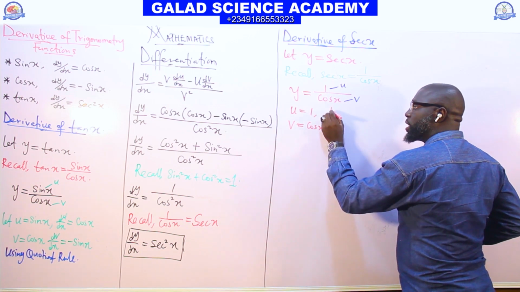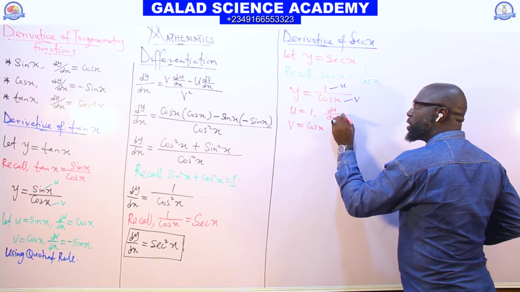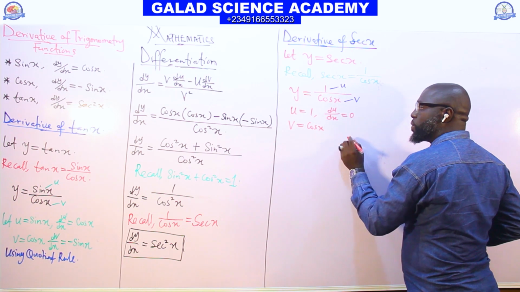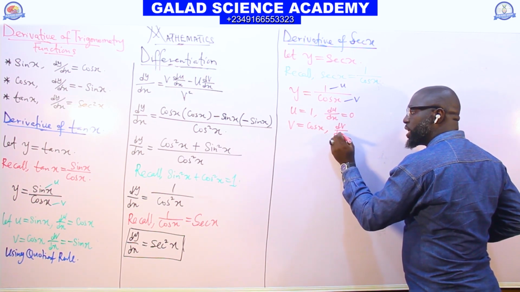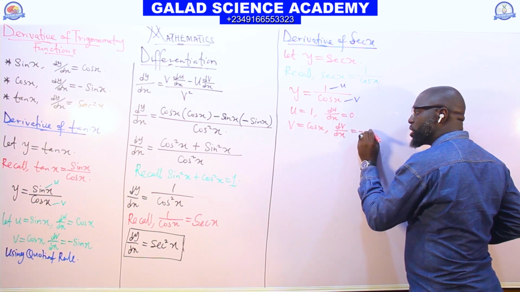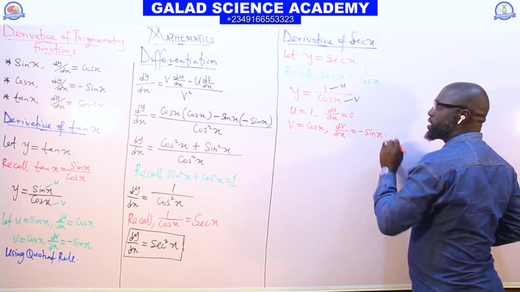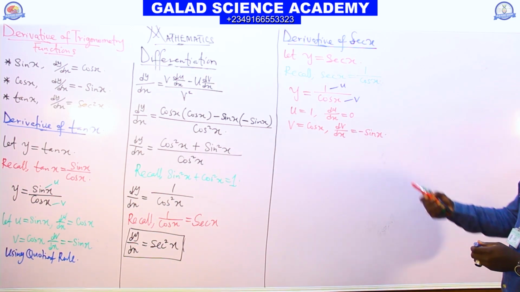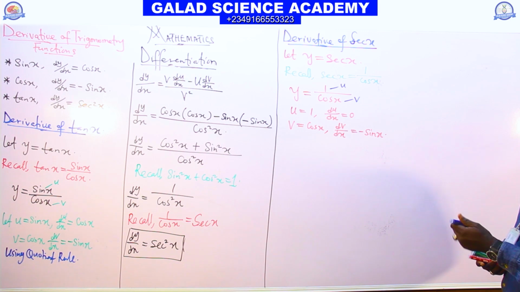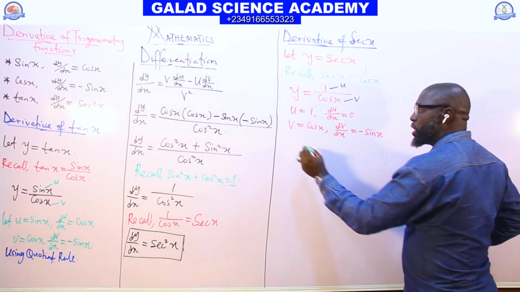Differentiating 1, du/dx equals 0. Differentiating v, dv/dx equals minus sine x. So if we get this now, the next thing is using the quotient rule.